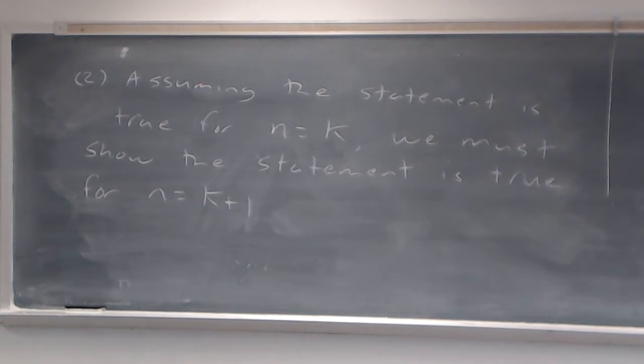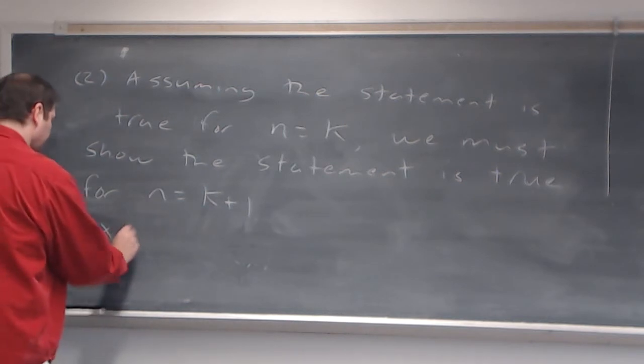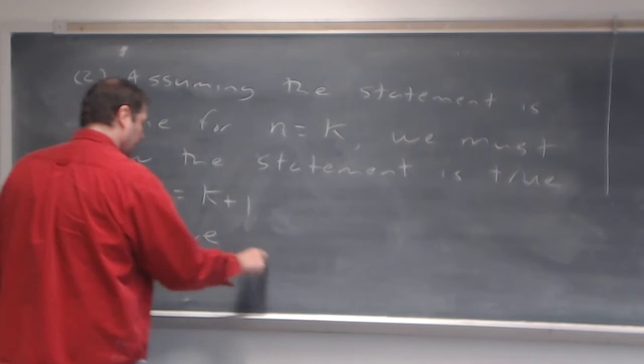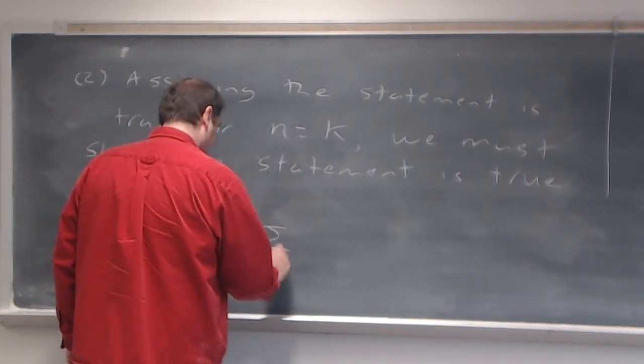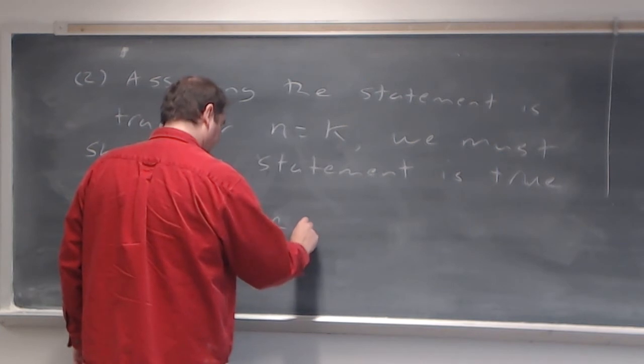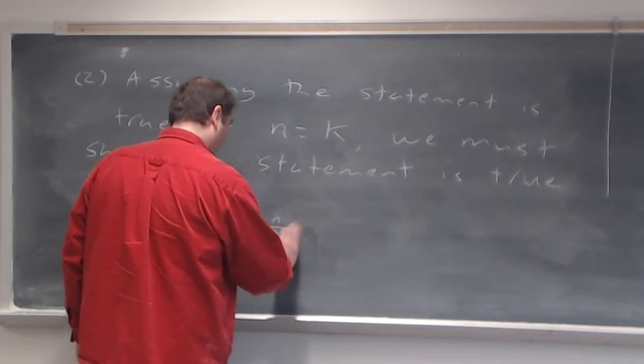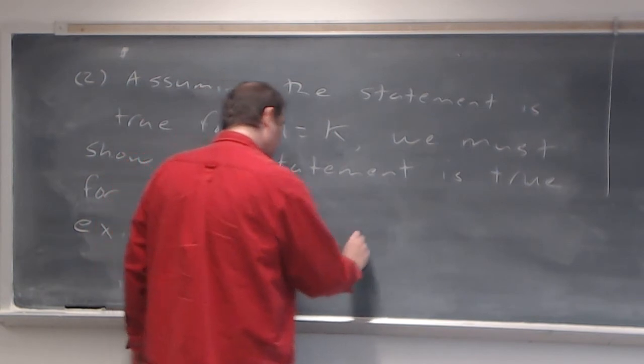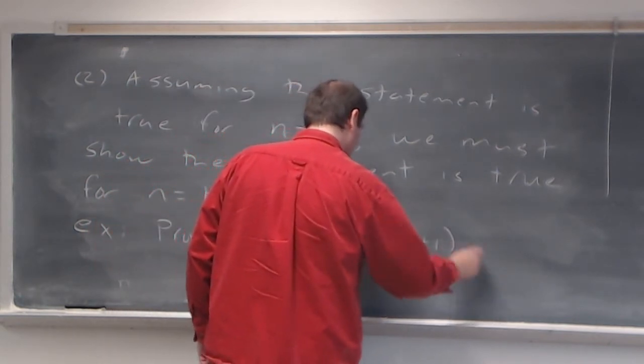As an example, someone might say, prove that the sum as i runs from 1 to n of i is equal to n times n plus 1 over 2.